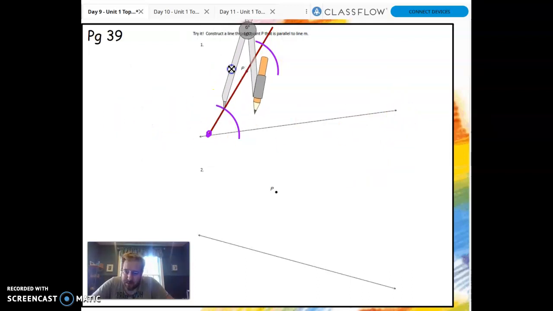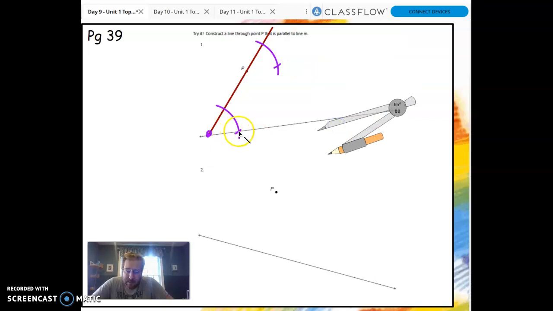So the next thing I'm going to do is use my point of intersection, put my fixed point on that, put my pencil on the other point of intersection, and make a little arc. Slide it up to my copy and do the exact same thing. And now what that essentially does is that this point is basically a copy right here.